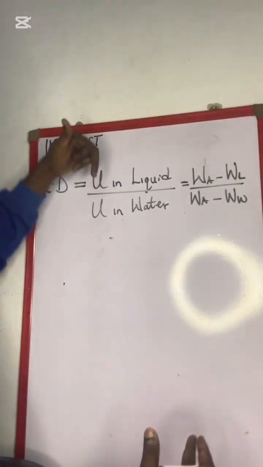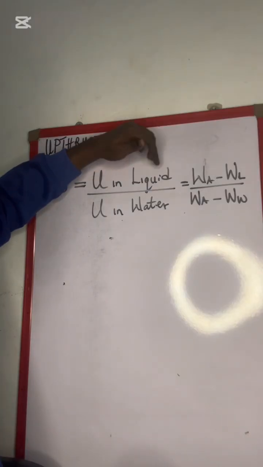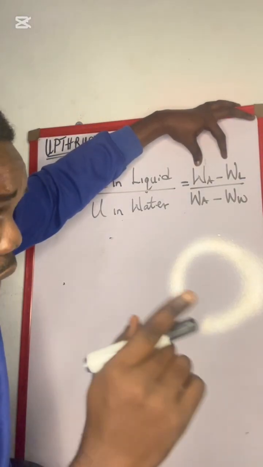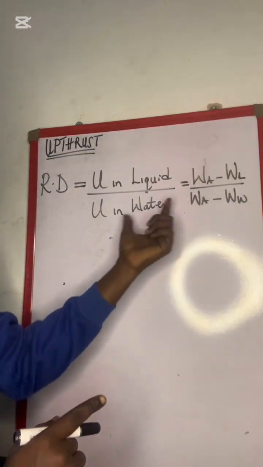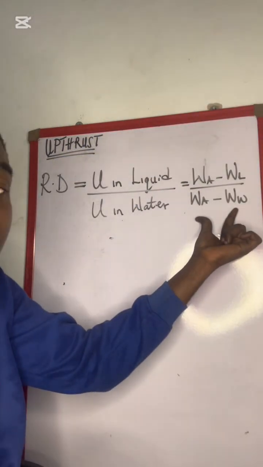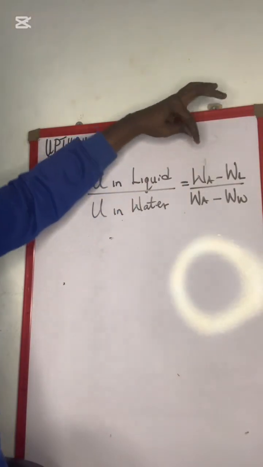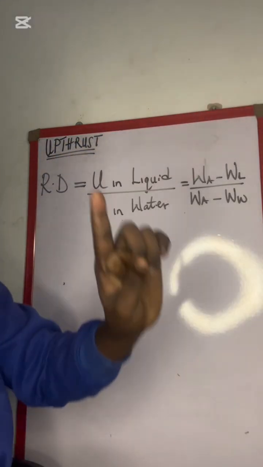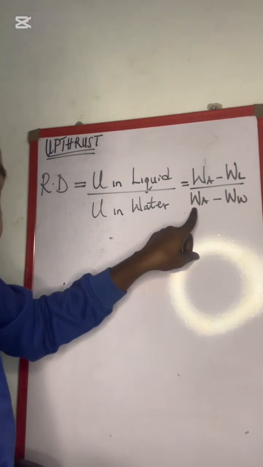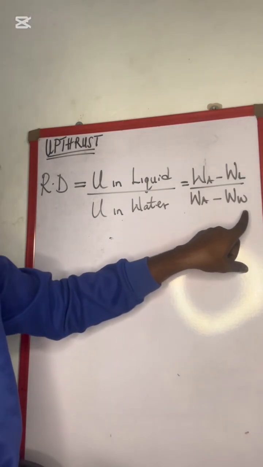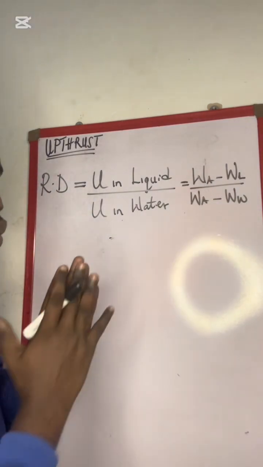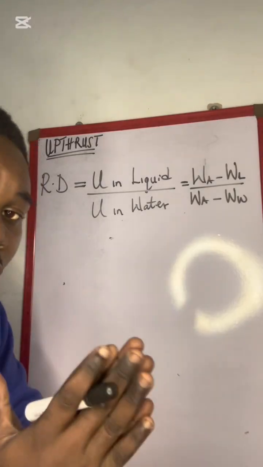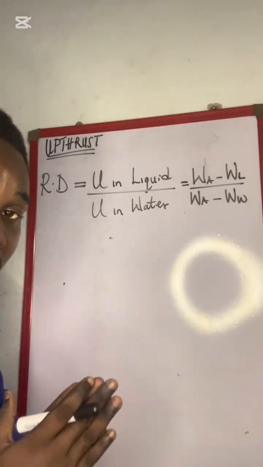Therefore, the upthrust in liquid is the apparent weight loss in the liquid, while the upthrust in water is the apparent weight loss in water. So we have weight in air minus weight in liquid, divided by weight in air minus weight in water. So this helps us to also find relative density apart from the previous formulas given.